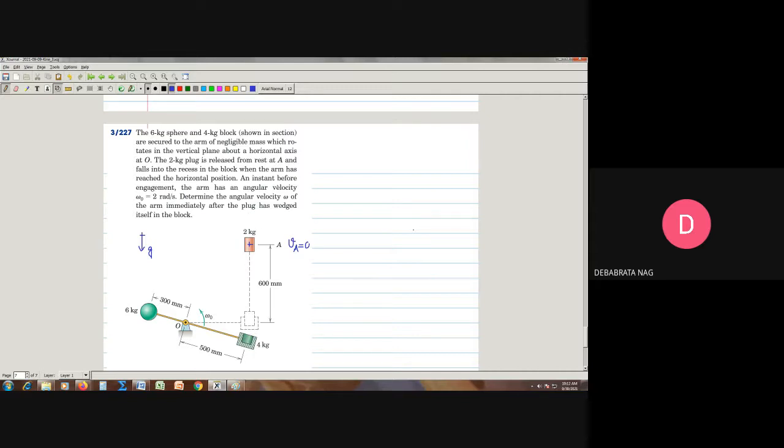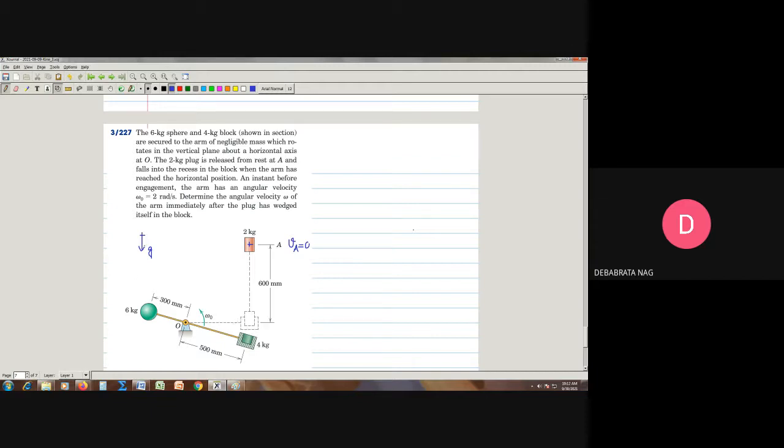Now, an instant before the engagement, that means when this arm has come to this horizontal position, because then only the engagement between the plug and, if you can call it a socket, the plug and socket, this engagement basically takes place when this entire lever becomes horizontal.